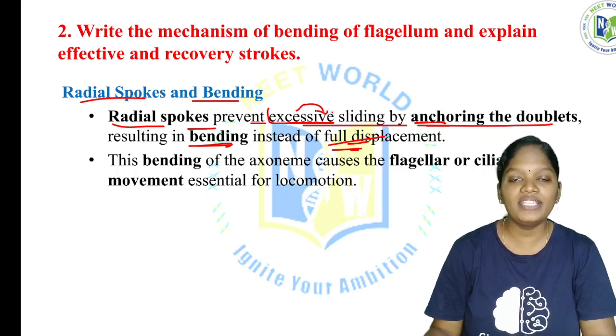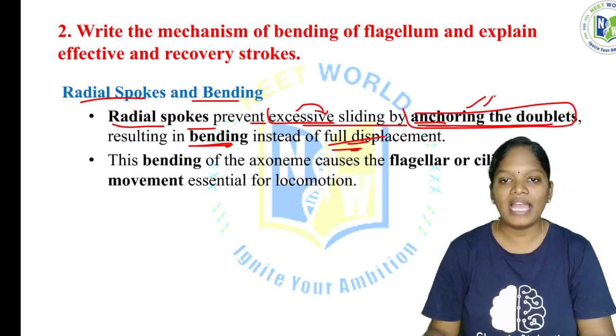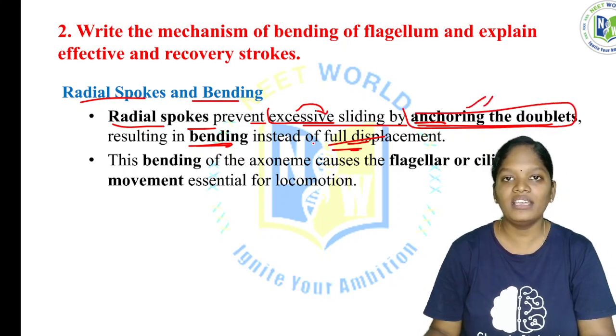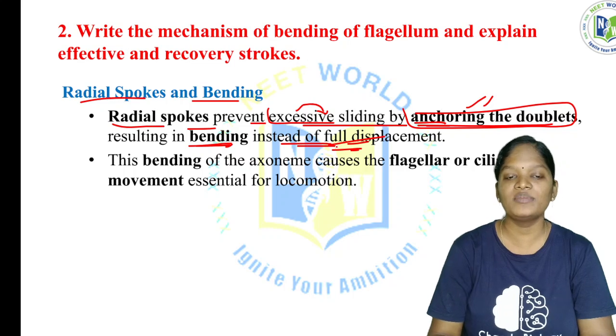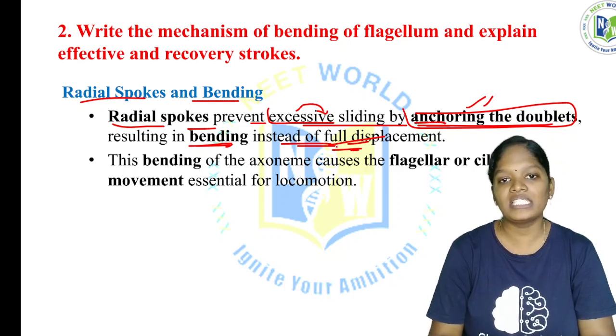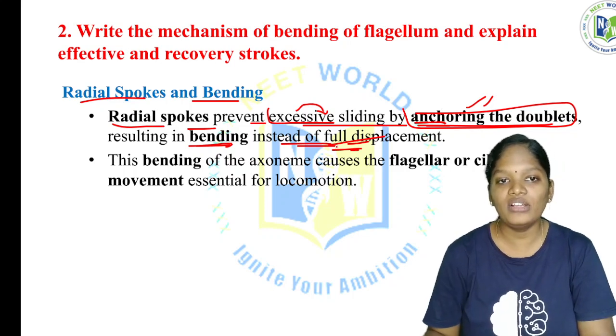How are they preventing it? Just by anchoring the doublets. By preventing the excessive sliding, full displacement of the microorganism is prevented, and this results in the bending of the organism.